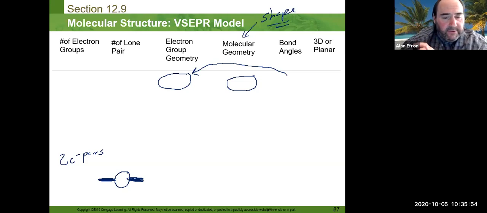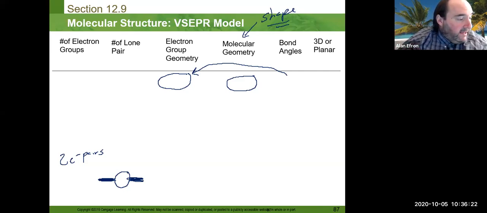As we saw last time, in certain cases those names will be the same. Both the electron group geometry, or electron pair geometry, and the molecular geometry will be the same when we have no non-bonding electrons. So when you draw your Lewis structure, if there's no dots on the central atom, both of those names will be exactly the same.